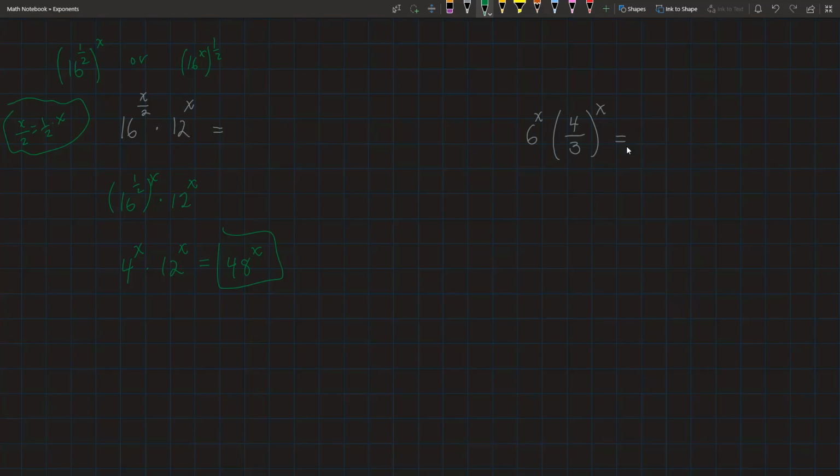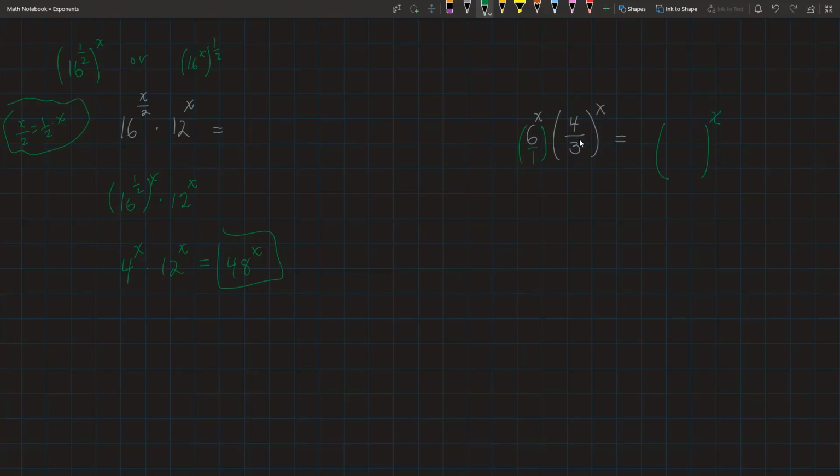What did you recognize here? We don't have the same base, but look, the exponent is the same. So all we need to do is multiply. Just be careful. You can think of it as 6 over 1 if you're thinking of multiplying fractions. However you do it, it should simplify. The exponent doesn't change. It's still something to the x. But when you have 6 times 4/3, the way I think about it is 2 times 4.